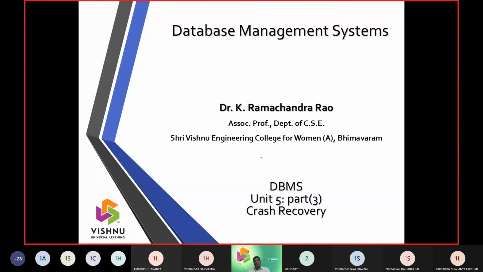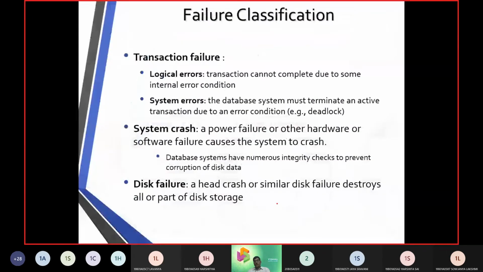So after deadlocks and timestamp based protocols, the other part of the content will be crash management. Before we look at crash management, the first thing we need to understand is the failures, that is, where the error is going to come from.